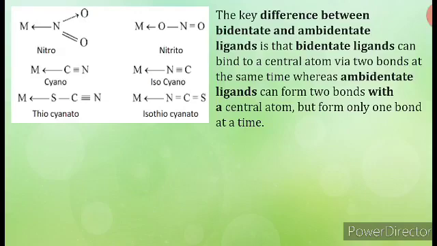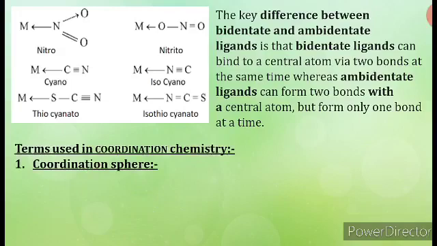Okay, now we have to discuss certain terminologies or terms which are used in coordination compounds or coordination chemistry. Out of them, first is coordination sphere. See, we will discuss afterward the primitive or first theory of coordination compounds, to explain their structure, behavior, geometry, and physical and chemical properties.